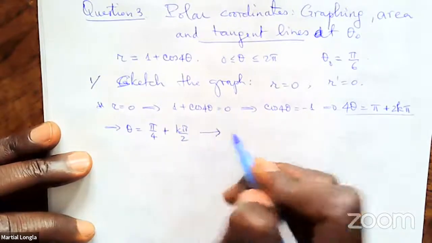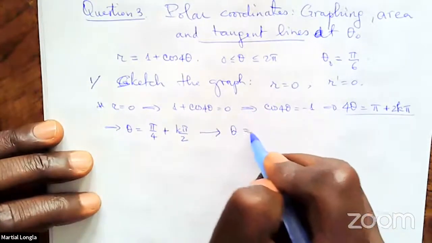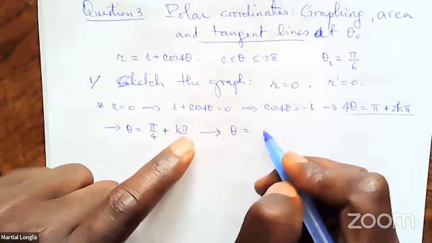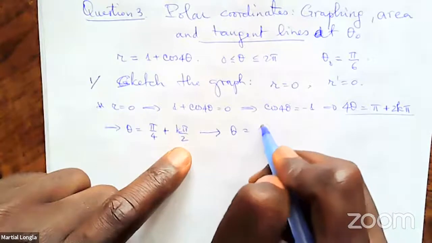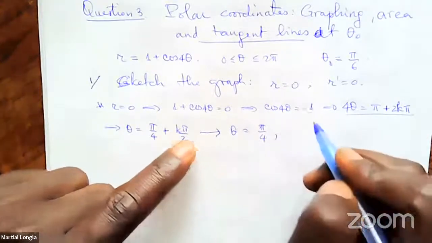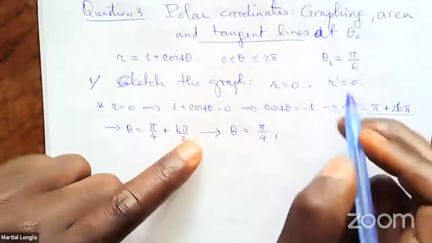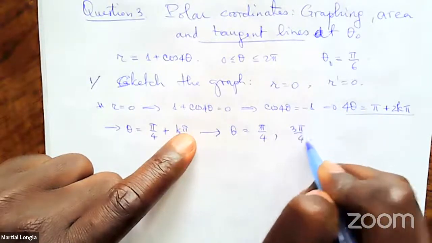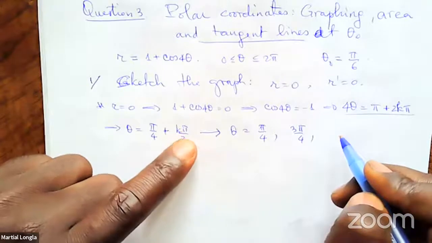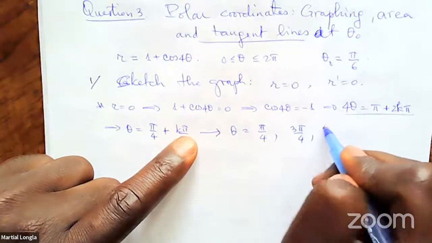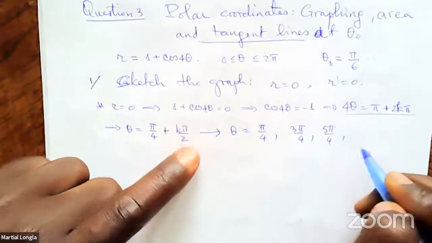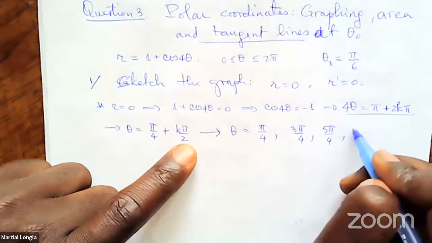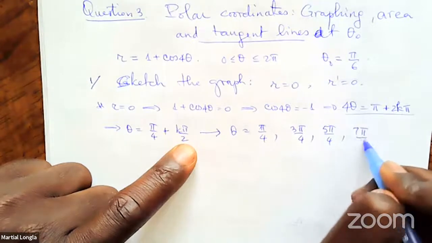And then you list all the angles that are from 0 to 2 pi using various values for k. When k is 0, we get pi over 4. When k is 1, you get pi over 4 plus pi over 2, that's 3 pi over 4. When k is 2, you get pi plus that, so that's 5 pi over 4. When k is 3, you get 7 pi over 4.